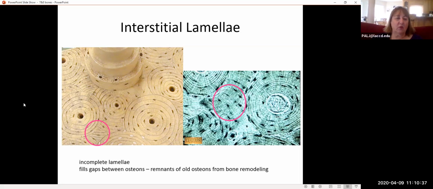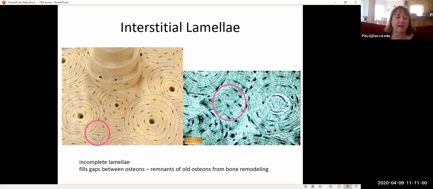So here's how this works. For instance, let's take this osteon and this osteon, the one at 3 o'clock and 9 o'clock, and you can see that there's part of an osteon up there at 12 o'clock. Well, say the osteon at 3 o'clock sends another layer of lamella, and the one at 9 o'clock does another layer or two as well.